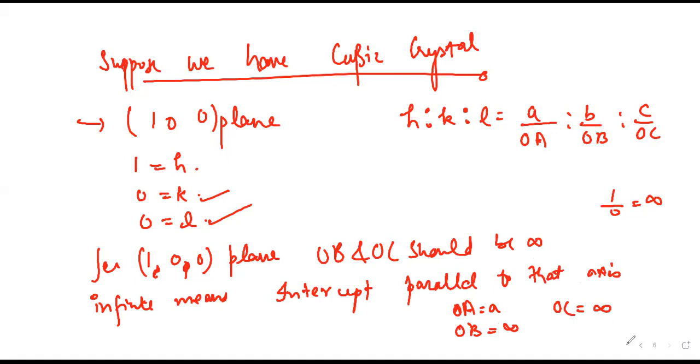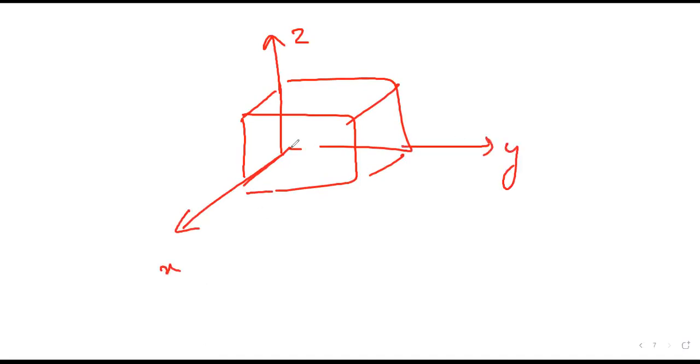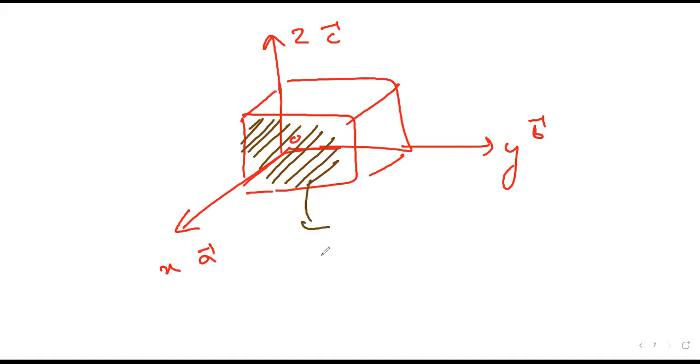And see one thing, if I am talking about the 1, 0, 0 plane, again I am having this as the z-axis, this is the x-axis, this is the y-axis, C, B and A. So now here 1, 0, 0, this part is along the x-axis. So here it is the 1, 0, 0 plane.